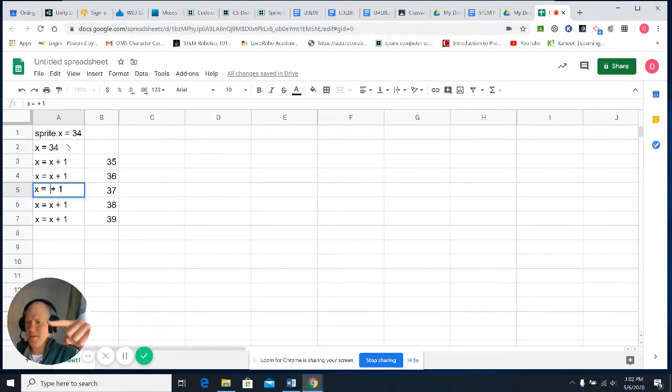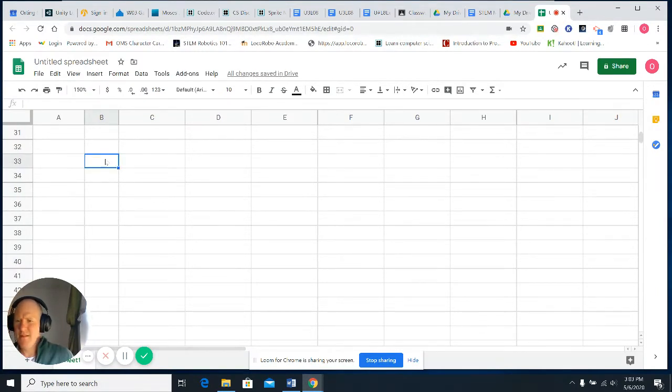Now, if we were trying to move our sprite to the left, we'd be doing the opposite. It'd be x equals x minus 1. So we'd be going down. X equals x minus 1. So this is going to end up being 33. The same rules will apply moving down to a different line.